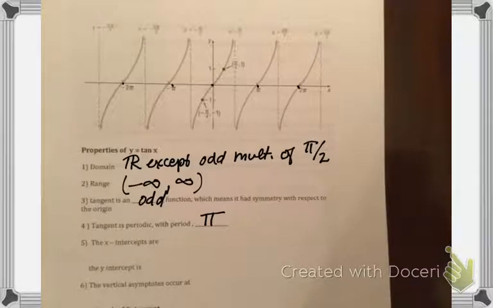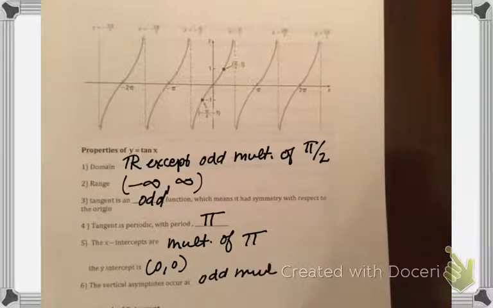So it's pi, 2 pi, 3 pi, 4 pi, etc. So if we make that generic, we can say that they are multiples of pi. The y-intercept occurs at (0, 0). And there are vertical asymptotes, once again, at places where it is undefined, which is odd multiples of pi over 2. Okay, so now tangent's in the bag, and you know what that looks like.